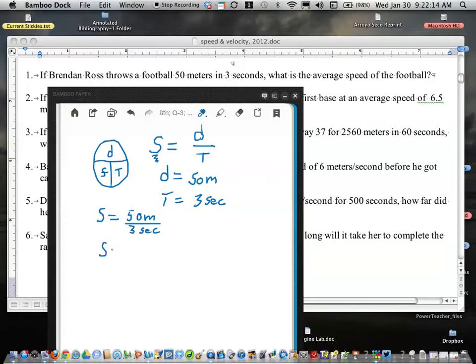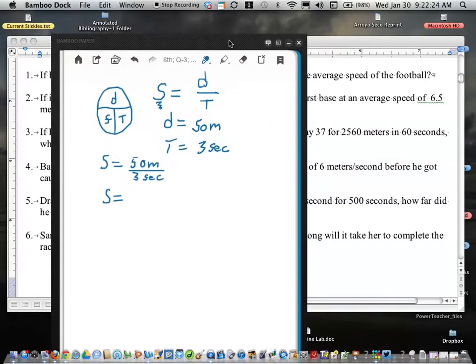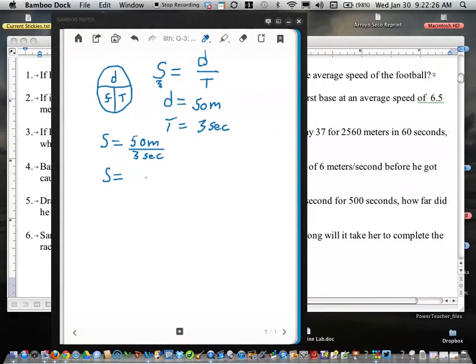The next step is to crunch the numbers. 50 divided by 3 is what? It's going to be a decimal number. What is it? Who's got a calculator? Well, 16.66, I think maybe. Who's got a calculator? What is it?